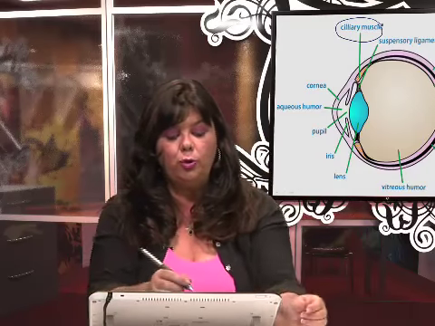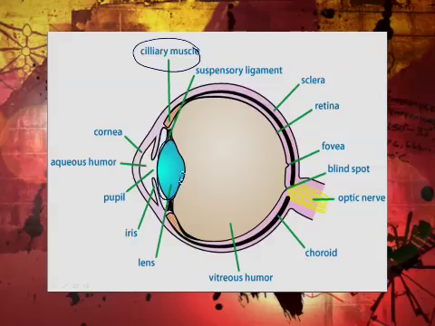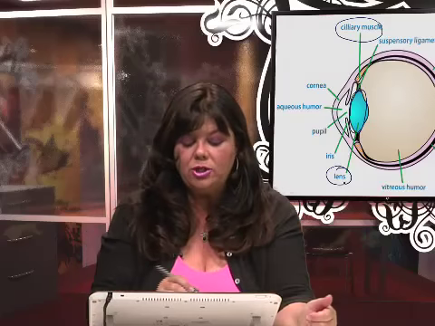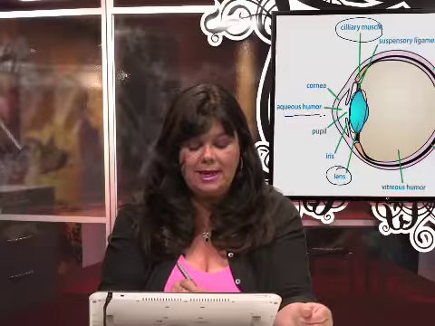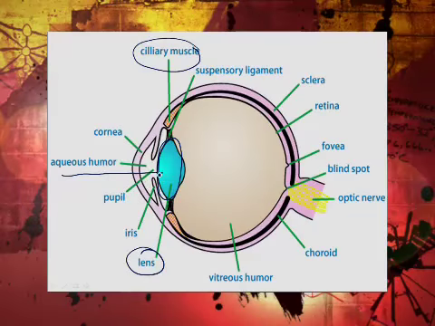They are to pull this very important structure called the lens, either slightly more elongated or slightly fatter and shorter, so that light that comes into the eye at the pupil can be focused onto this very important set of cells called the retina.